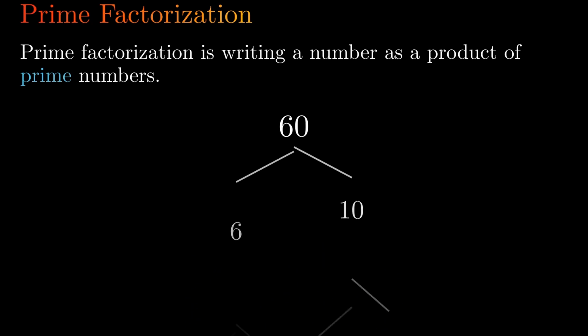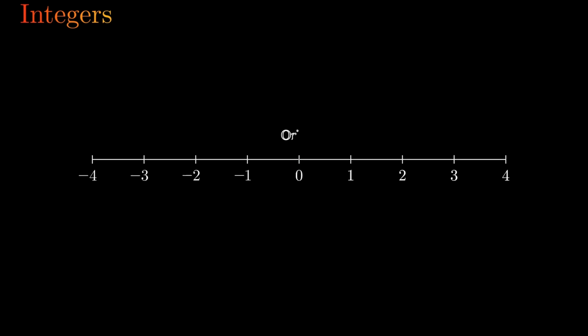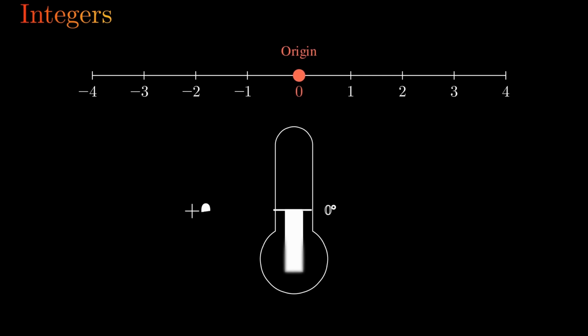Now let's expand our number world to include integers. So far, we've mostly talked about whole numbers. These are the numbers 0, 1, 2, 3, and so on. Integers include all of these whole numbers and their opposites, the negative numbers. Think of a thermometer.